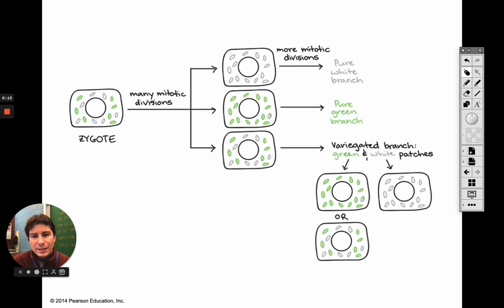So once these cells get these certain cytoplasmic determinants, these cells here are just going to reproduce, okay? Along with this one here, and this might actually differentiate again, and those cytoplasmic determinants might go to different areas, and they might reproduce.